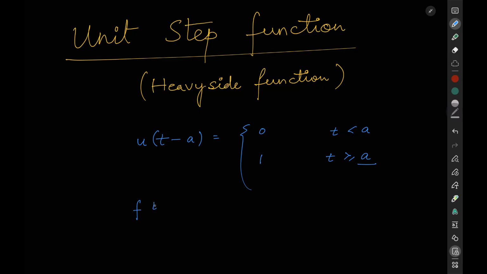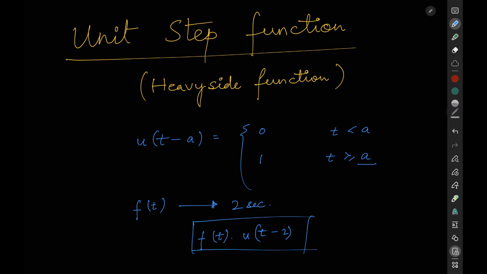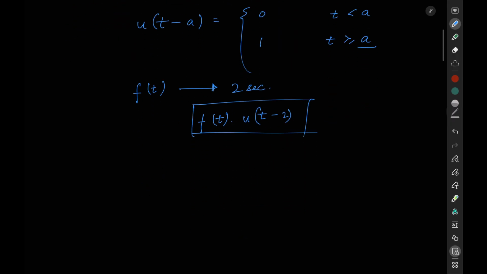Suppose there is a function f(t) which becomes active only after 2 seconds. So to represent this, we can write f(t) as f(t) into u(t minus 2). Let's take one more example.